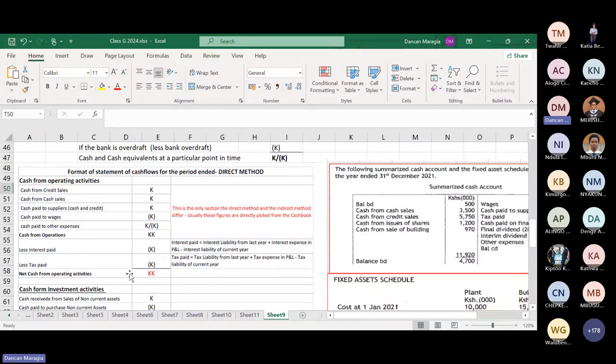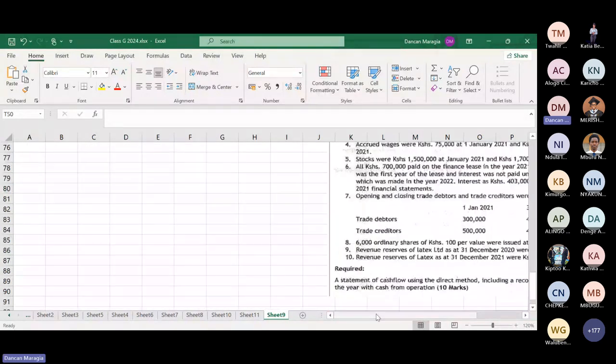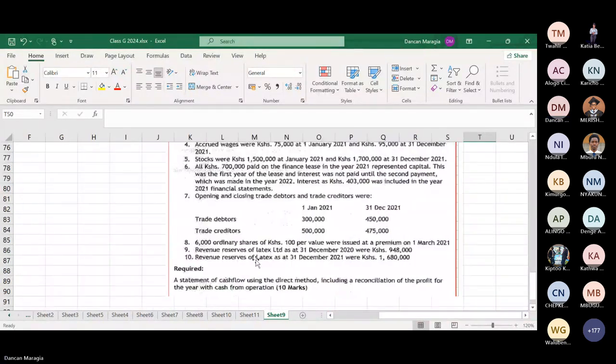So let's assume we are preparing our statement of cash flow using the direct method for this company, which you are asked down here: a statement of cash flow using the direct method, including a reconciliation of profit for the year with cash from operations.